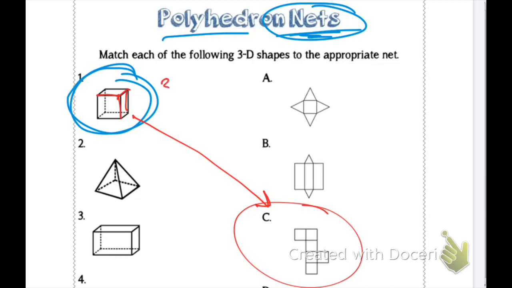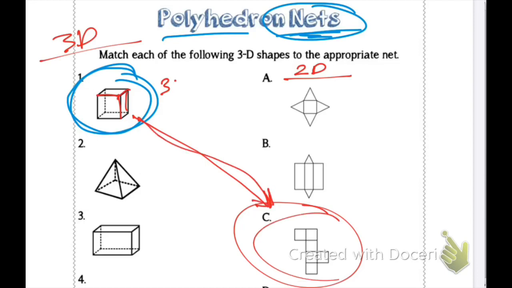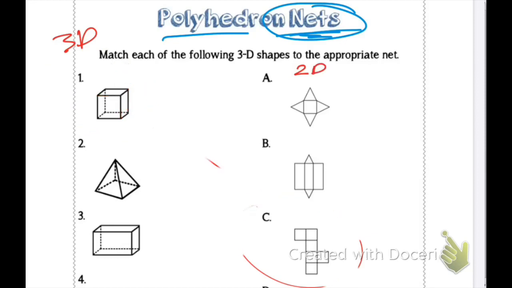So if I take my three-dimensional, so this is all 3D, this is all 2D. If I go from 3D to 2D, I have to make it flat. This is what it would look like flat. What if I look at my square pyramid here, square right pyramid?